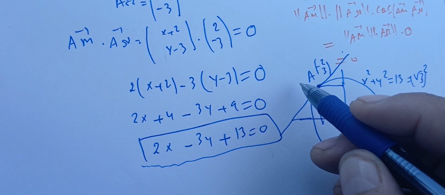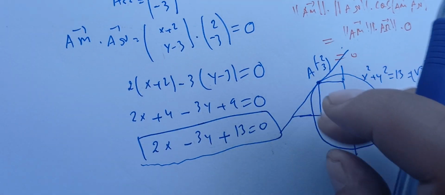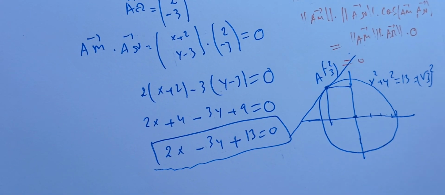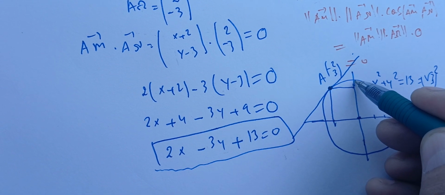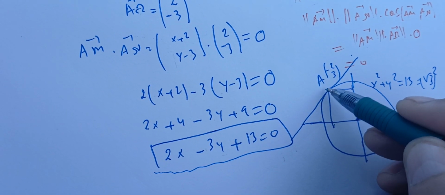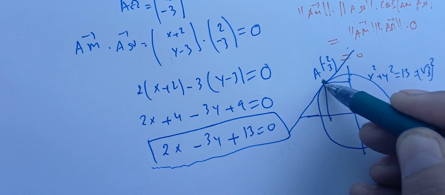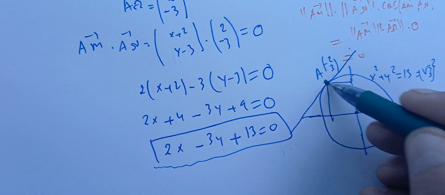A quick way to check before we write down the solution, or the equation of the line, is this. Point A belongs to the circle. We checked that. We also need to check that it belongs to the line, because this is the common point that belongs to both the line and the circle.